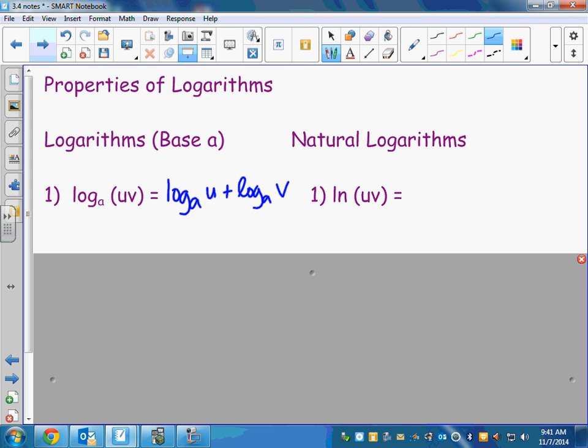That's because the answer to a logarithm is just an exponent, and when we multiply exponents, we add them. What we're going to do more often is take it broken up and put it back together, because that's going to make it easier to solve. It's property number 1. It's the same property over here, it's just ln. So I can say ln of u plus ln of b.